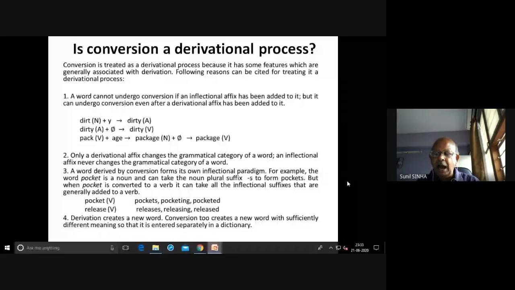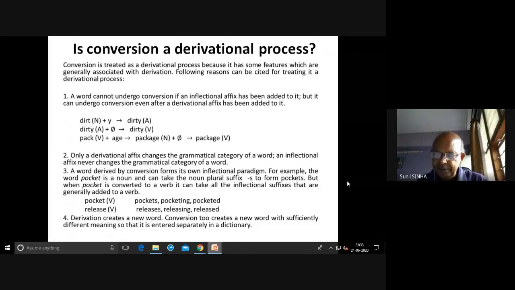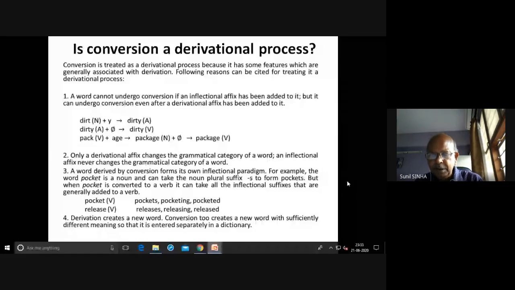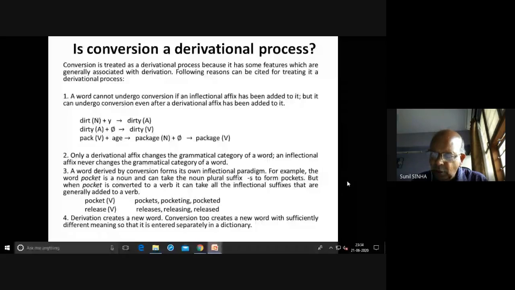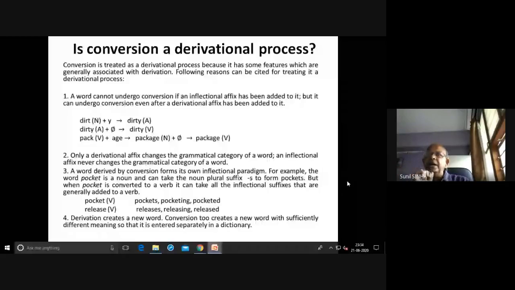But when I say I have pocketed the money, which means I have kept the money in my pocket, then pocket is a verb. And look here, the proof that a noun has been changed into a verb is that you can add all the inflectional suffixes to pocket, all those verb inflectional suffixes. Like what are the inflectional suffixes that we can add to a verb?